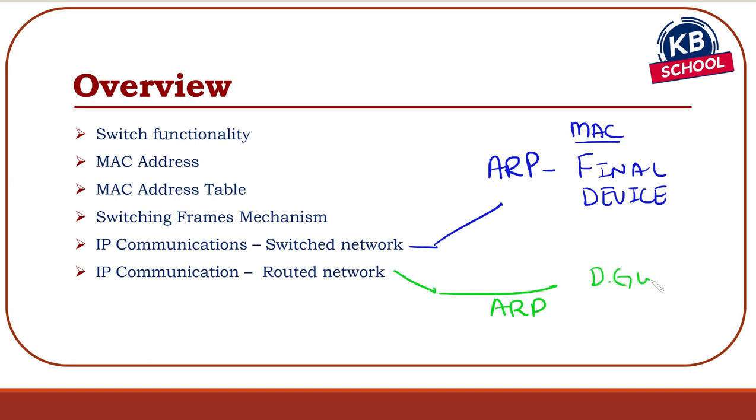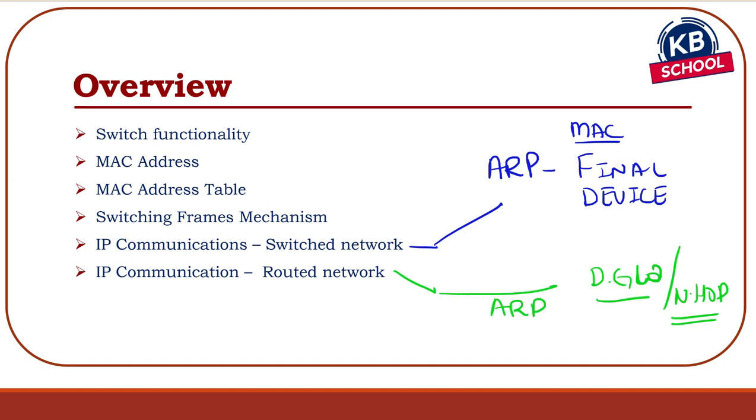The default gateway. The layer 2 is the one that keeps on changing between segments until it gets to the final destination. So ARP in the local segment is done for the default gateway or the next hop until it gets to the final leg, and on the final leg it'll do the ARP for the final destination.